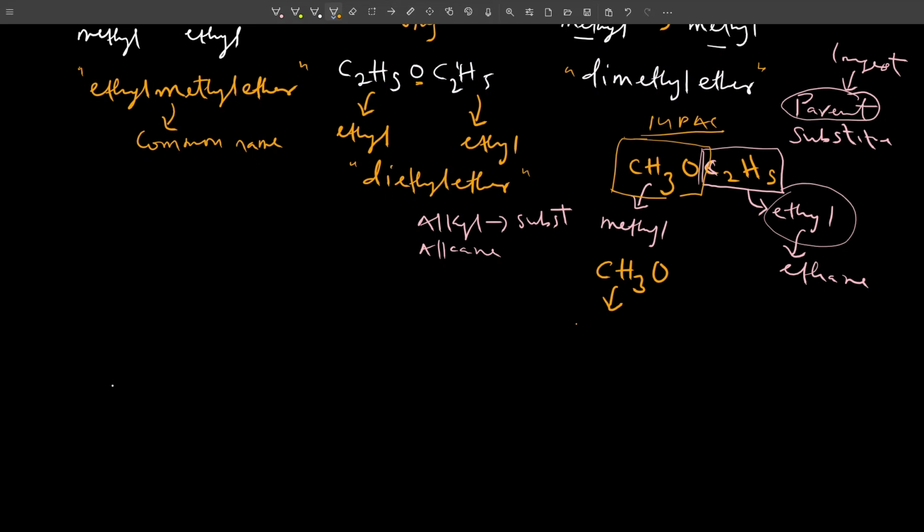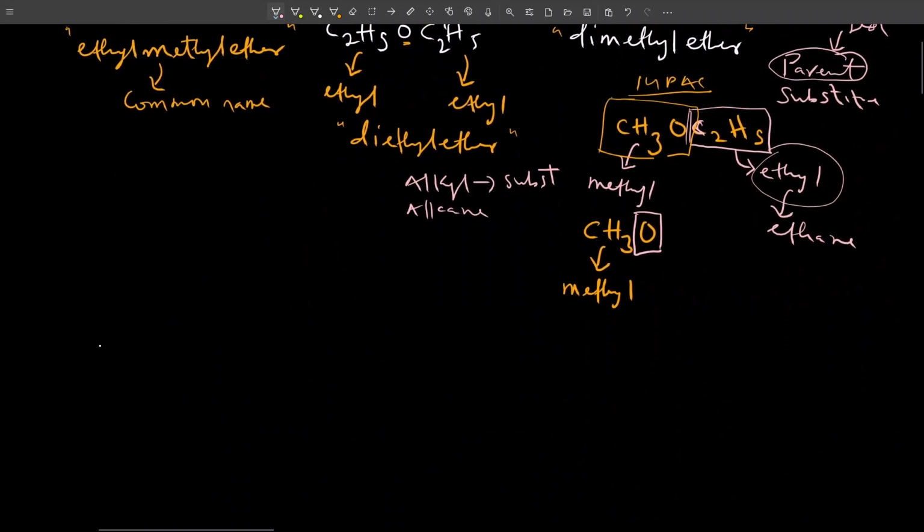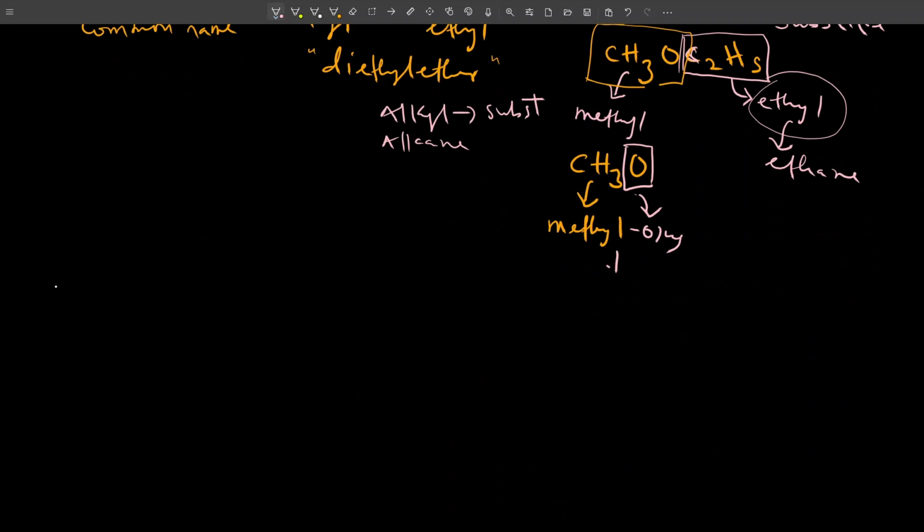What do we call this part? We call this part methyl. And what do you call this part? This is oxy, I mentioned that up here. So when you combine methyl and oxy, it forms a new word, methoxy.